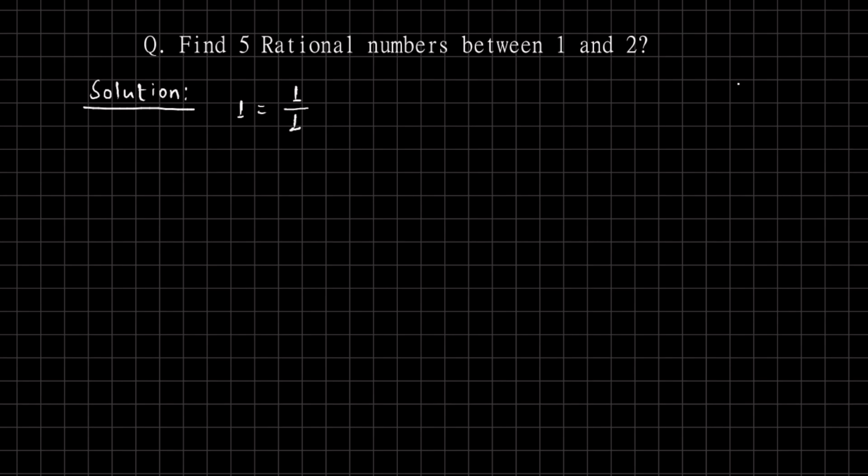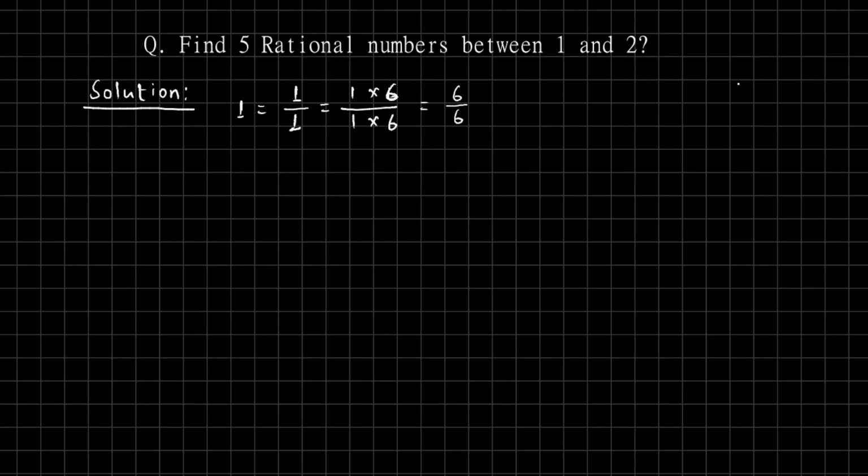Now we can multiply 6 both in numerator and denominator. Remember, in our last video we have seen that we can multiply any non-zero number in numerator and denominator. Whatever result we get is equivalent to the previous one.